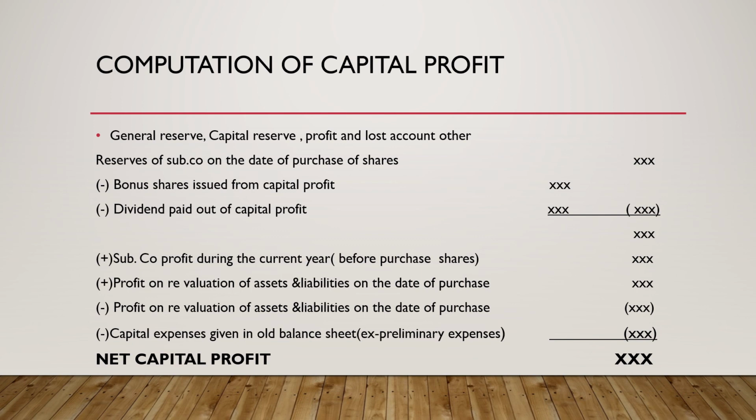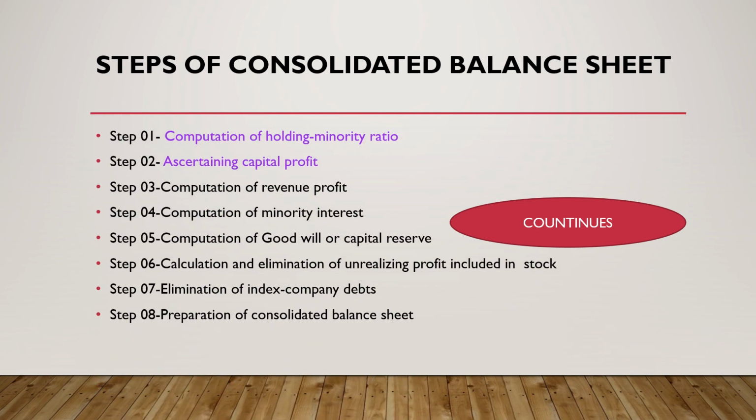But you do not need to get all these items in one particular problem; for your better understanding, I have taken all the possibilities. Look at these steps. We discussed two things: first, the computation of holding and minority ratio; second, ascertaining capital profit.